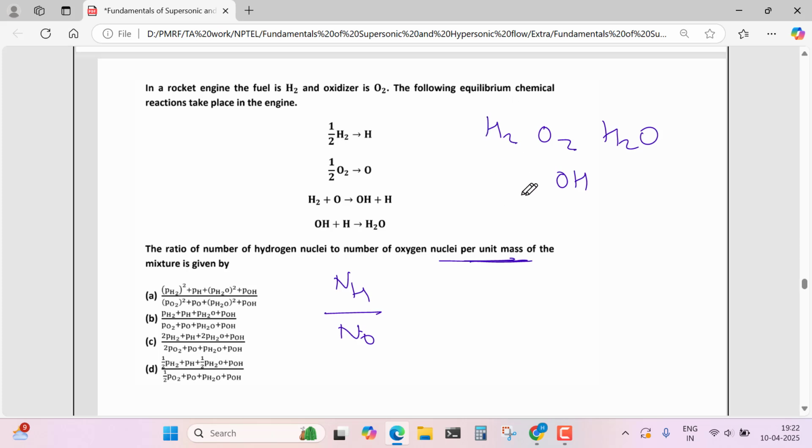But as species we have H and O also. So total 6 species we have.